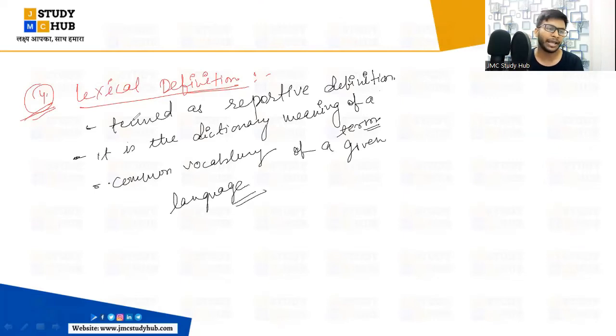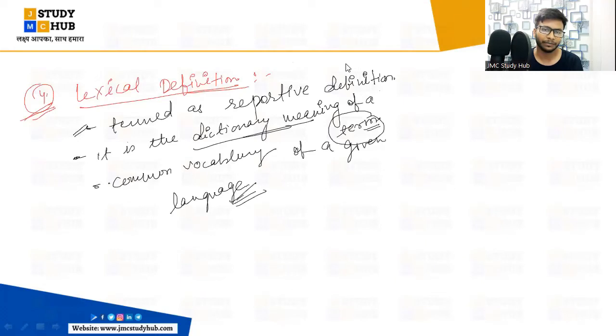ये हमारा इसकी characteristics हैं लेक्सिकल डेफिनेशंस की, that it is termed as reportive definition. It is the dictionary meaning of a term. ठीक है, डिक्शनरी मीनिंग होती है, common vocabulary of a given language, right?